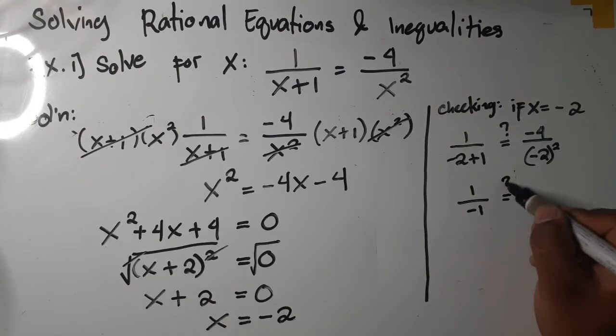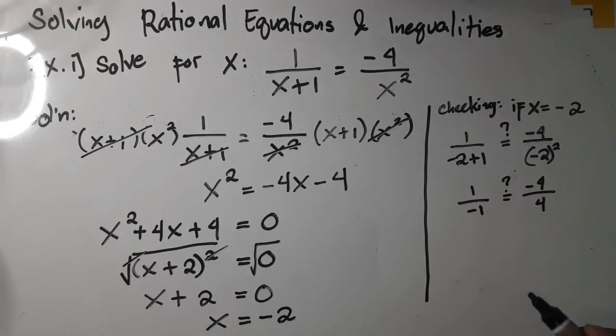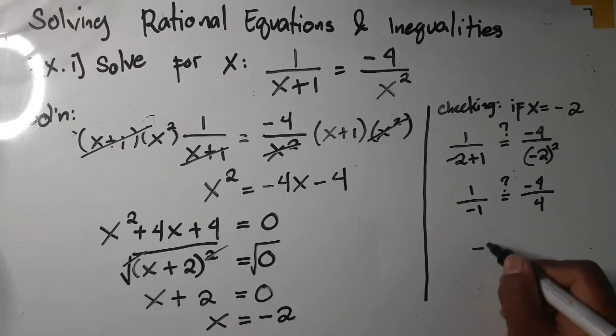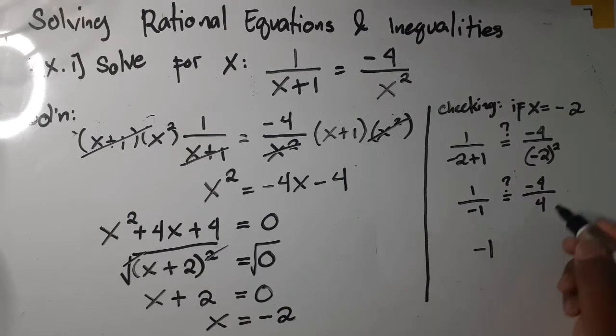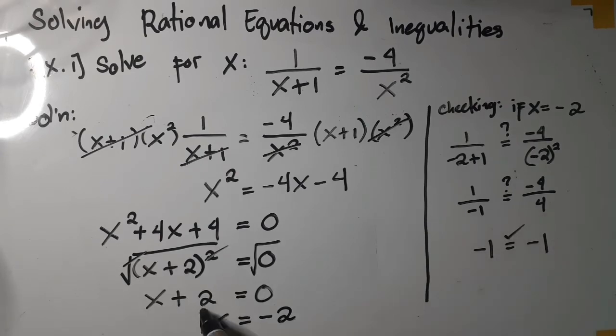So equal to question mark. The numerator for the right side is negative 4. Negative 2 squared is positive 4, since negative 2 times negative 2 is positive. So 1 divided by negative 1 is simply negative 1. For the right side, negative 4 divided by positive 4 is also negative 1. Since negative 1 equals negative 1, therefore your answer x equals negative 2 is already correct.